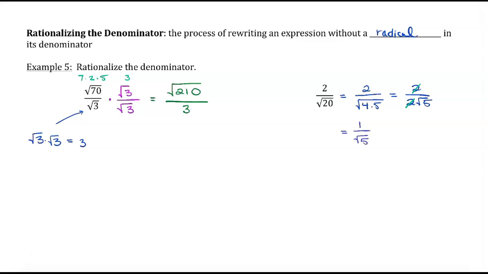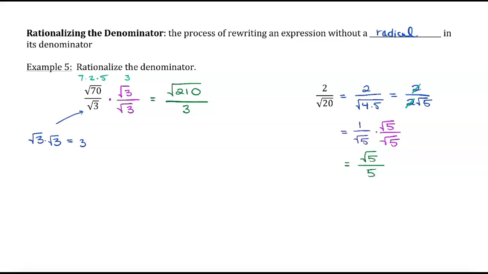Now we still need to rationalize the denominator, and we'll do that by multiplying the numerator and denominator by root 5 over root 5. This gives us 1 times root 5, or root 5 in the numerator, and root 5 times itself, or simply 5 in the denominator. And now there's no longer a radical in the denominator.